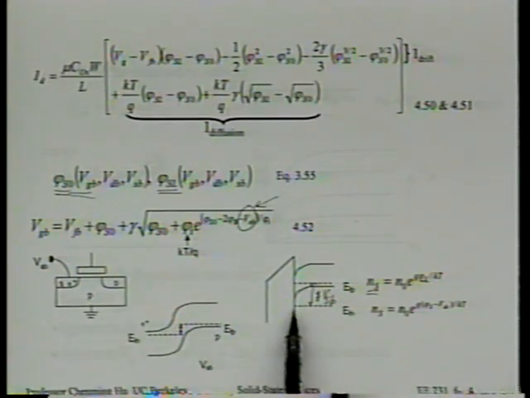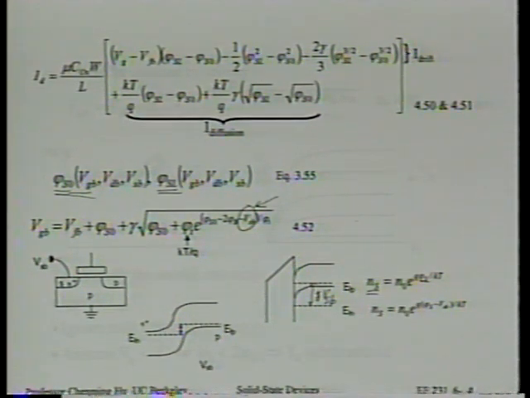But if it's this EFN that determines the electron concentration, now EC is far away from the Fermi level. So we should have an extremely small density of electrons. Is that right? So you see we have that problem. Which of the two Fermi levels should determine the electron concentration?